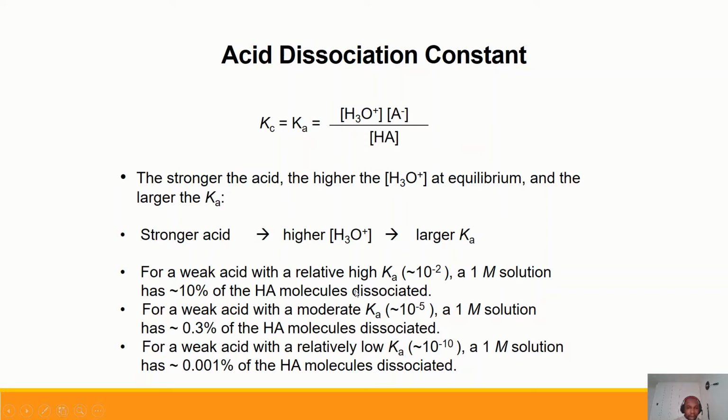For a weak acid with a moderate Ka, it's going to be around 10 raised to the power minus 5, and for a weak acid with a relatively low Ka, it's going to be around minus 10. But for strong acids, we say they have a large or larger Ka value.